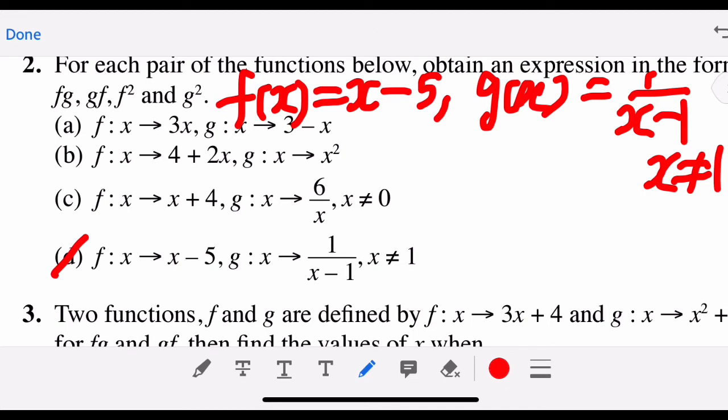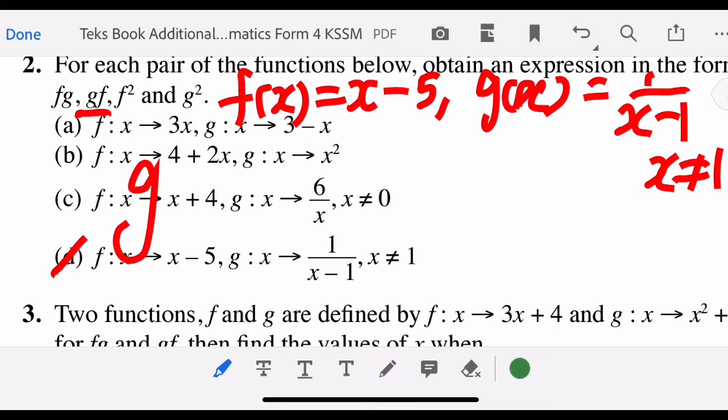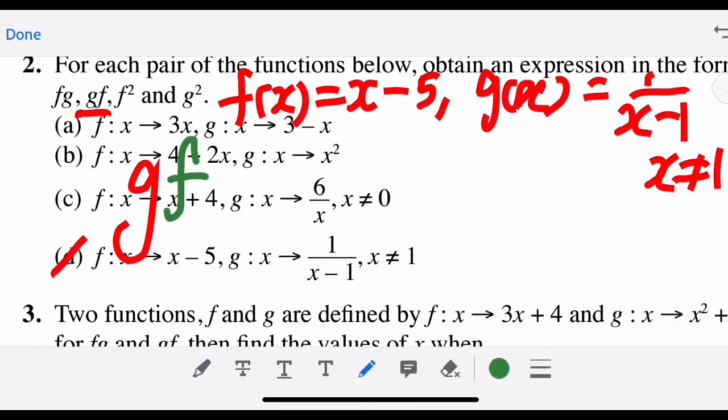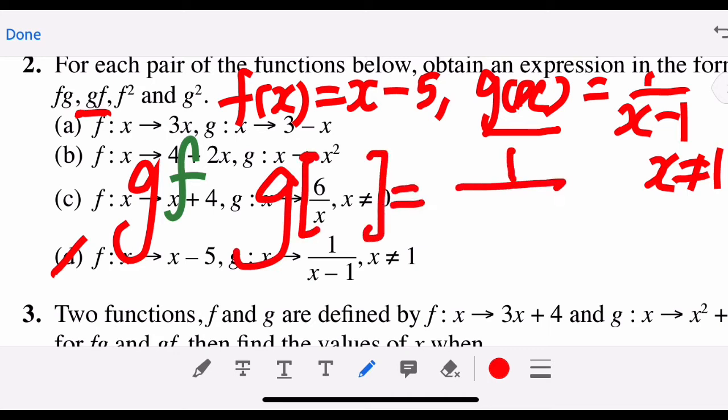Okay, so if you want to do gf, that means the function is g. Okay, the object is f, right? So the function is g. So I'm going to copy the function first, which is g. So I will copy this g, and here I will leave it empty, and 1 over empty. The x you leave it blank first, and x cannot be equal to 1.